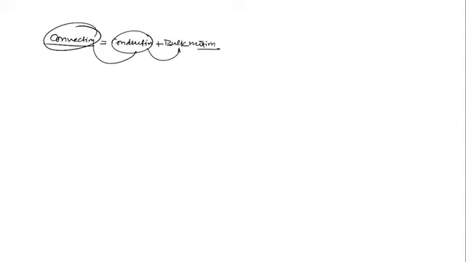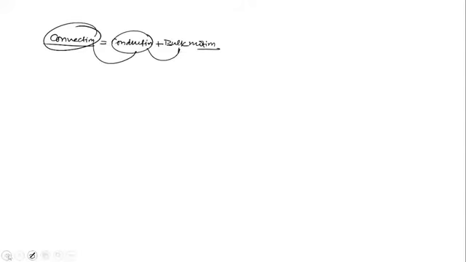Listen, convection is simply conduction plus bulk motion. Convection is not a phenomenon. Actually, it is conduction along with the bulk motion. When conduction is assisted by bulk motion, that is called convection.